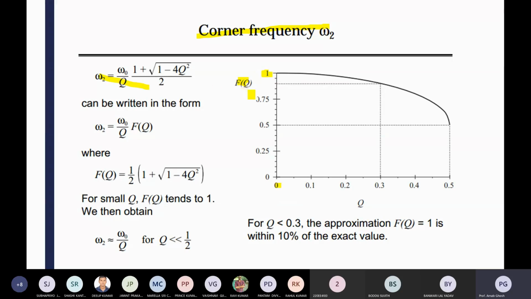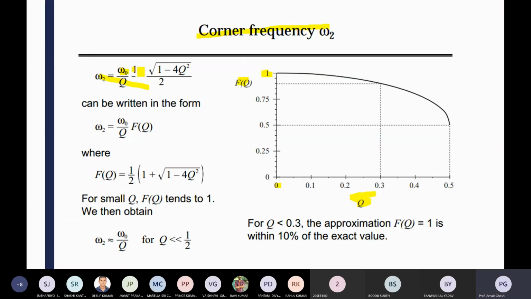That's why it is written F(Q), a function of Q. You have the value of Q and you plot on your y-axis omega 2, so it is a function of Q. So omega 0 by Q: first you are making Q equal to 0, and more or less it is coming to 1.